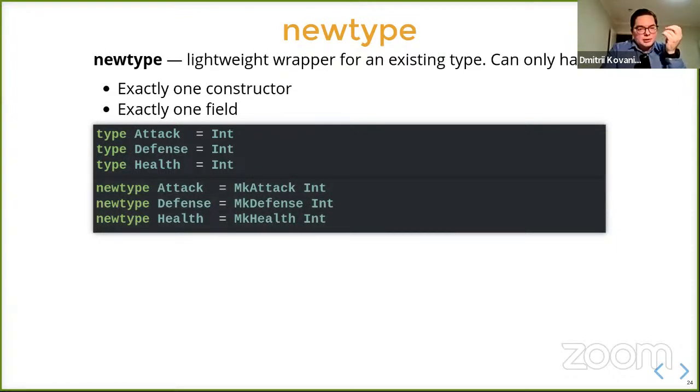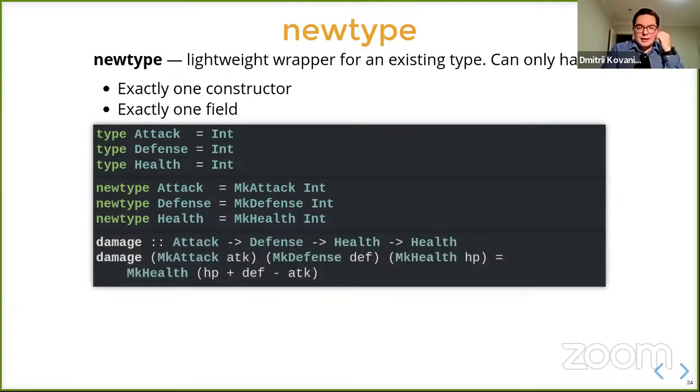You can think of it as a special case of data. It has a name and it has a constructor, but the constructor must have exactly one field. And if you define a data type like this, you will need, again, to pattern match on the constructor if you want to extract fields.